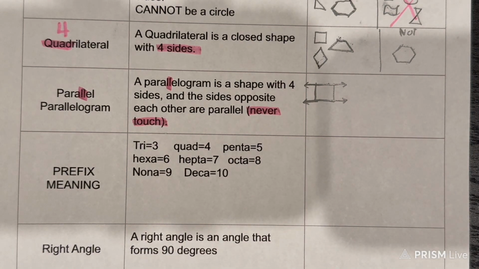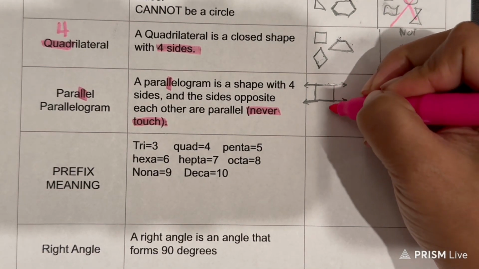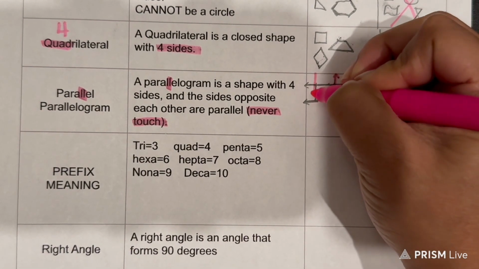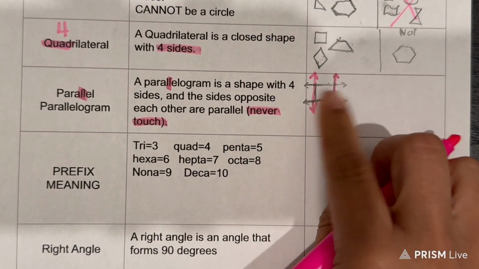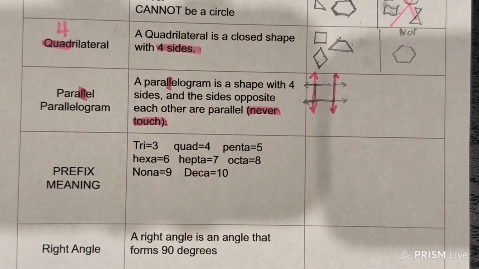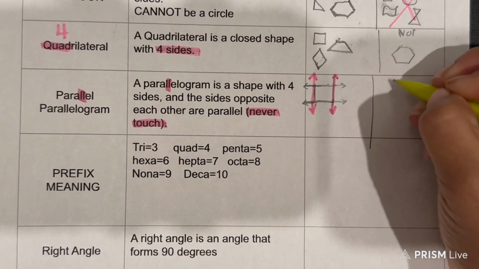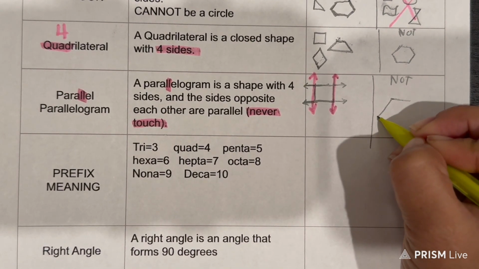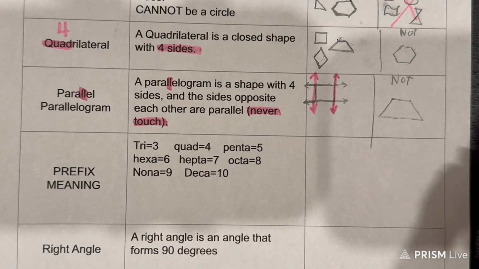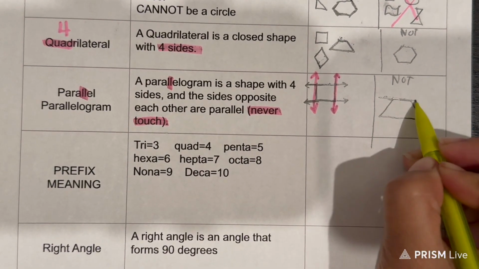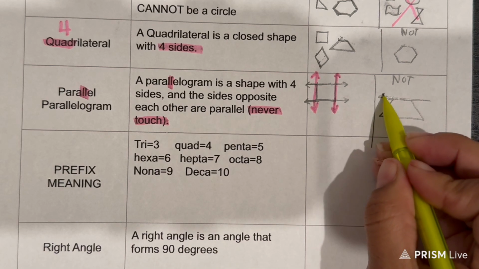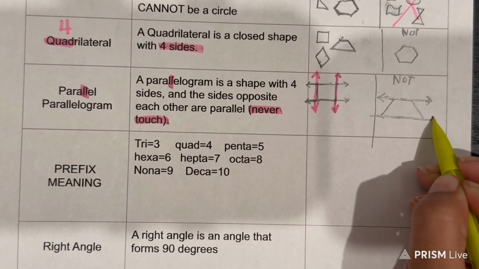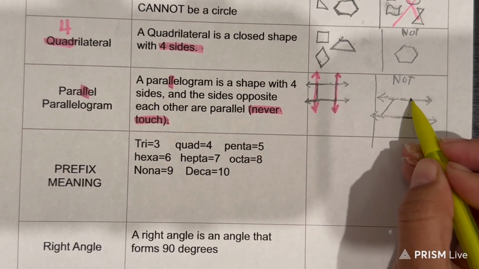That's what parallel means. If over here on this side I do like this as well, these 2 sides now will never touch. So this is parallel. Something that's not parallel would be maybe a trapezoid. If I go like this, these sides here, if I were to extend these and they move forever, and it has to be opposite sides, and this one over here, these sides are parallel.